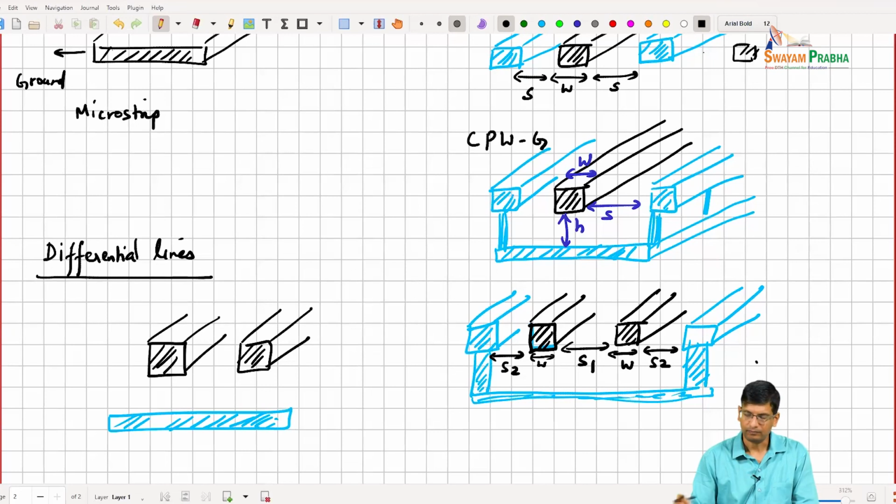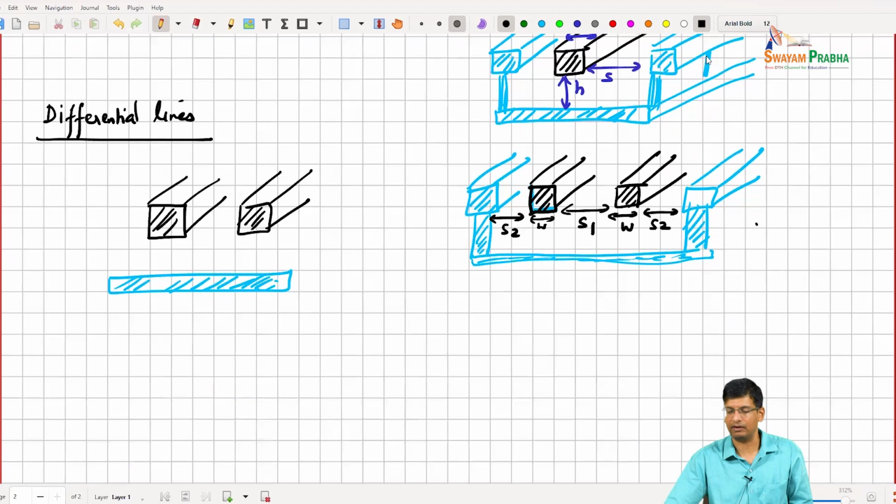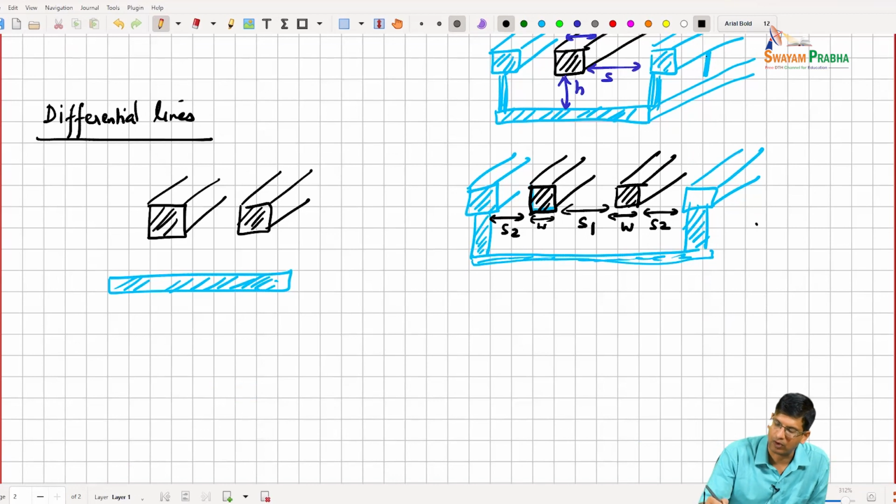So in general, in order to keep the lines low loss, we implement them in the thicker metal layers, right? We have multiple sources of loss here.